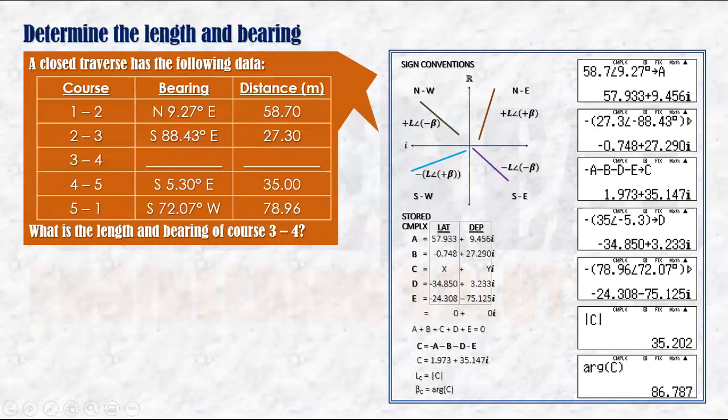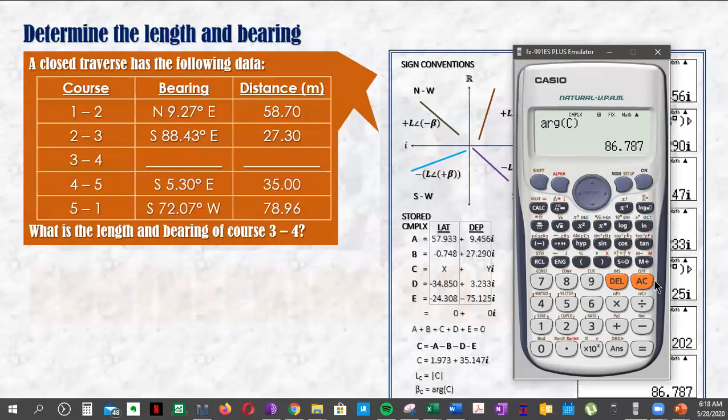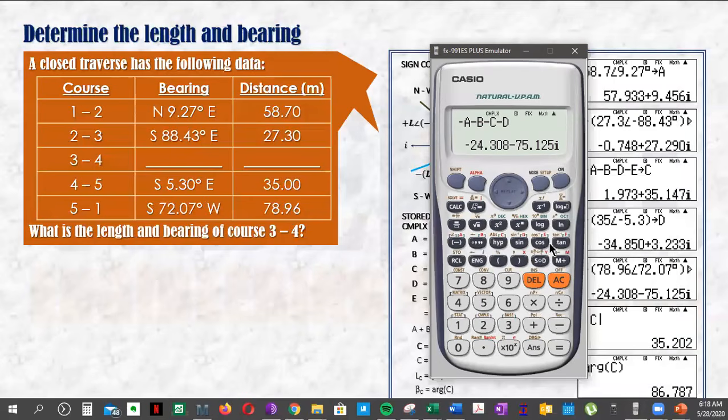So let's say we took E by doing negative A minus B minus C minus D, and that's E. So we store that.